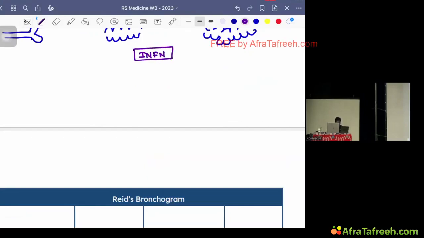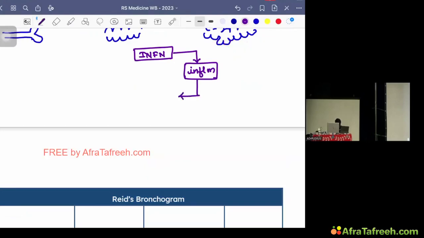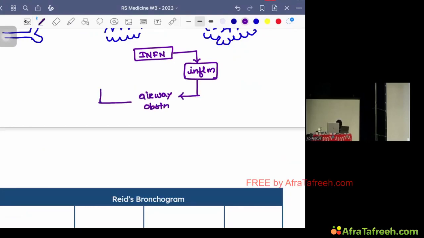This infection leads to inflammation. Then there is airway obstruction, and this airway obstruction results in bronchiectasis.